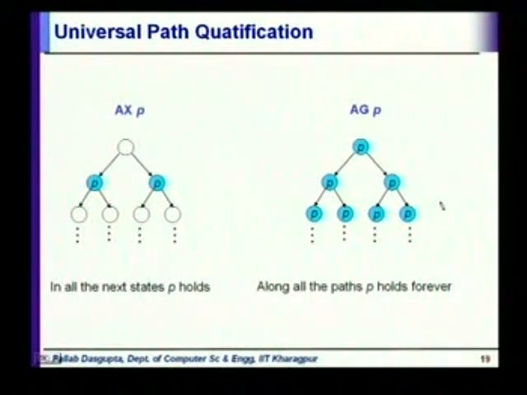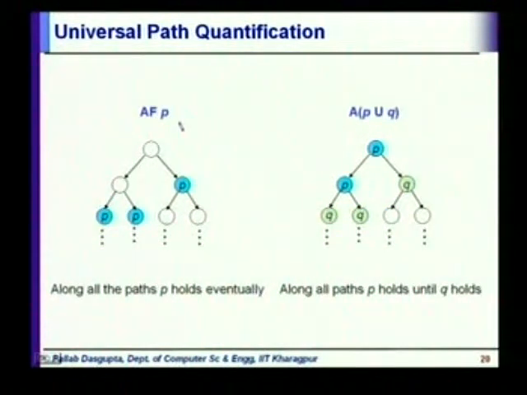So far this is no different from LTL. If I just wrote XP and checked it on that structure, it would have actually checked whether along all paths P is true in the next state, so that would have had the same effect. If we had given GP, then it would have checked it on all states along all paths, right. So that would have been equivalent to AGP. So far no difference.